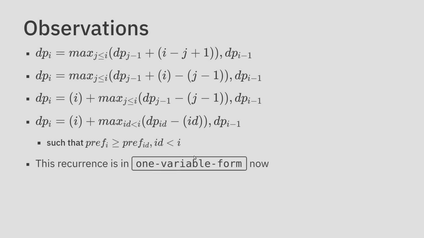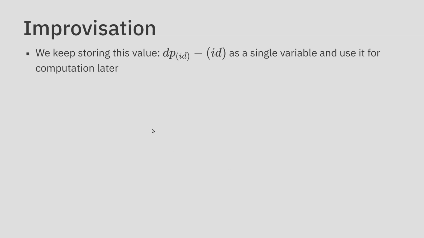So as you can see, this recurrence relation is in one variable form now, because for computing the value of dp of i, this term is a constant, and this max term is only dependent on the variable id, not i or other dependents, and dp of i minus 1 can be computed in constant time also. So we can say that this recurrence is in one variable form now. So let's try to optimize it further.